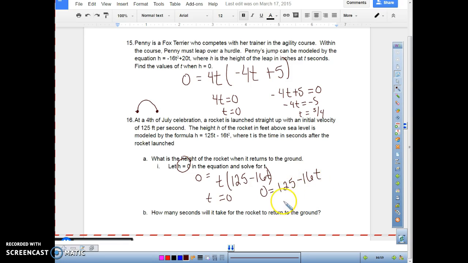So I would just add the 16t over, so it's 16t equals 125. And so we divide both sides by 16.